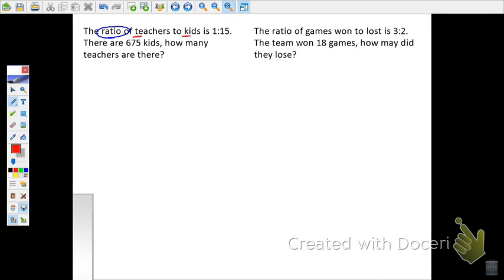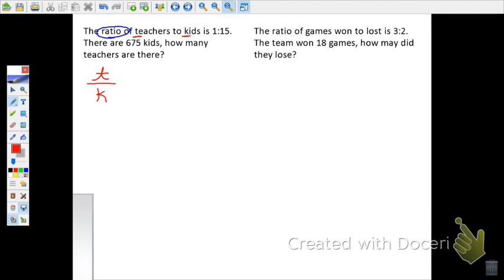So before I start setting up fractions with numbers in them, I'm off to the side going to put a T in the numerator and a K in the denominator, so that when I do set up my proportion, I'm matching up things correctly.